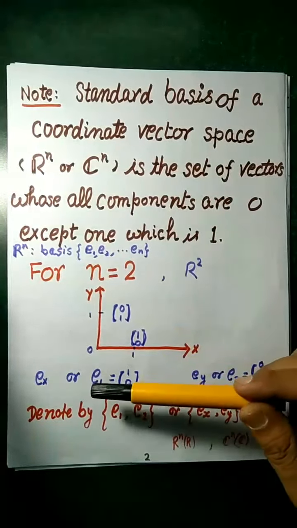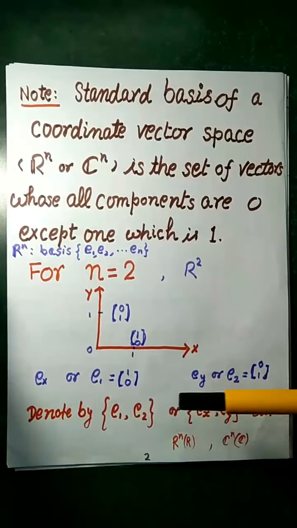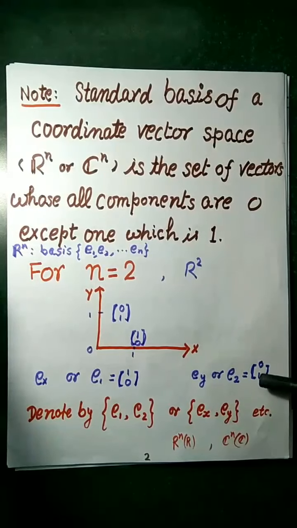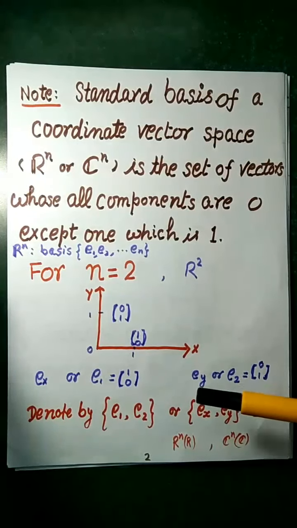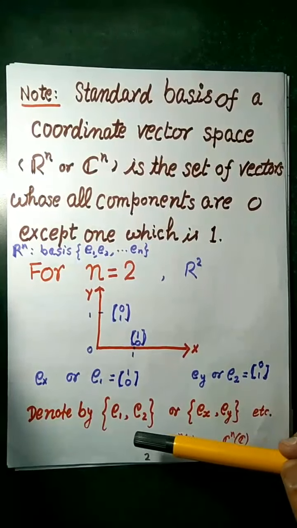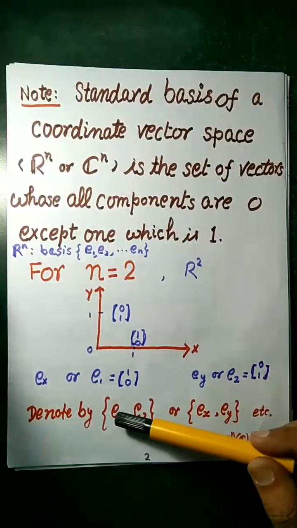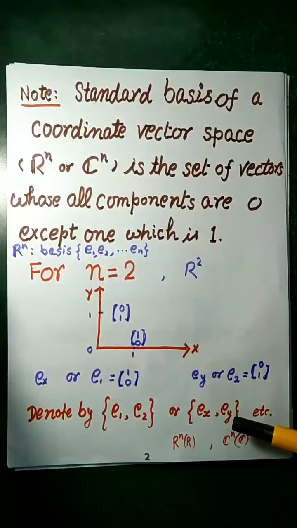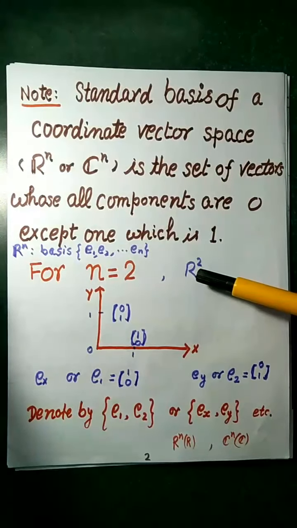So we can write Ex or E1 as (1, 0), E2 or Ey as (0, 1). These can be denoted by {E1, E2} or {Ex, Ey}, and these are the bases in 2 space.